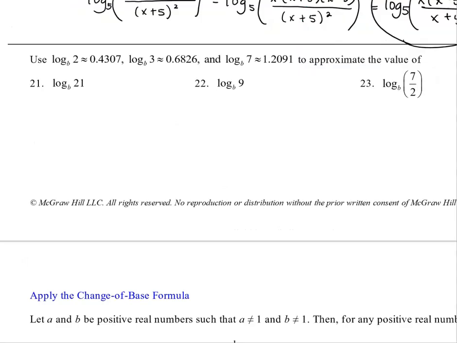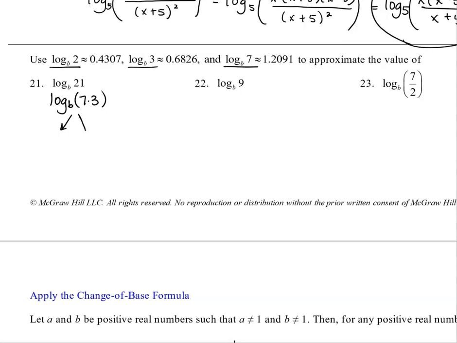In examples 21 through 23, we're going to use the values that they gave us for log base b of 2, log base b of 3, and log base b of 7 to evaluate new values. So in example 21, we have log base b of 21, but 21 is equal to 7 times 3.